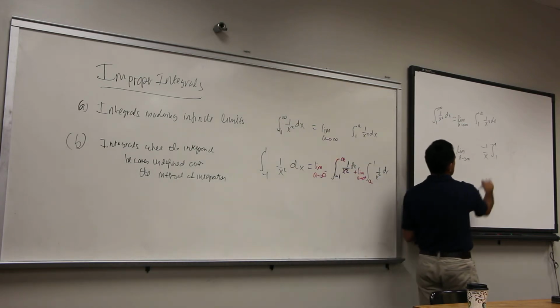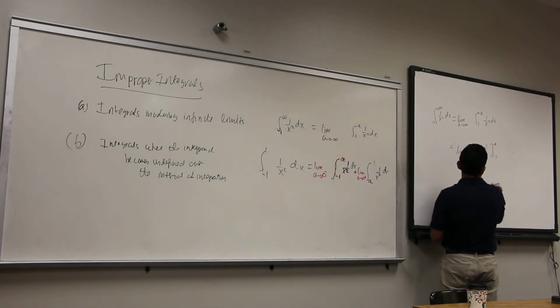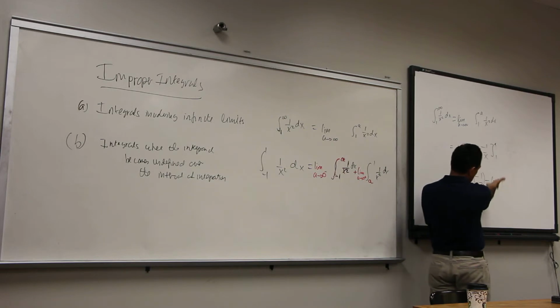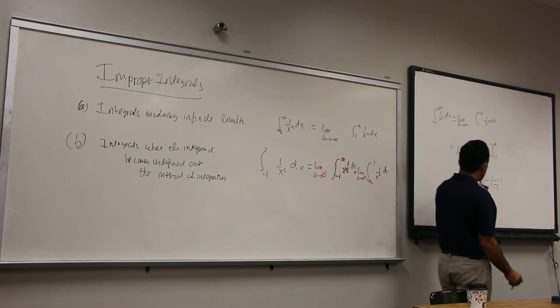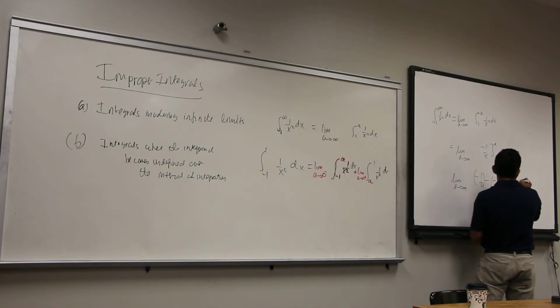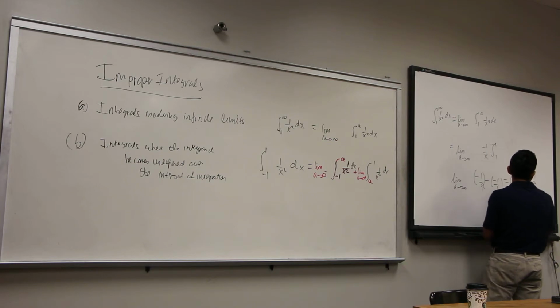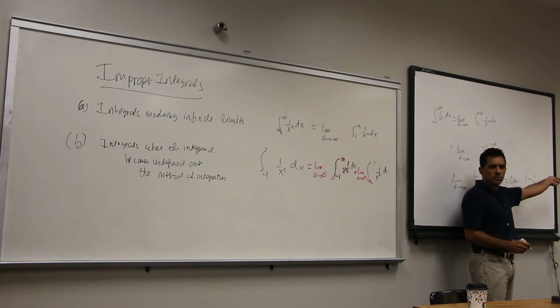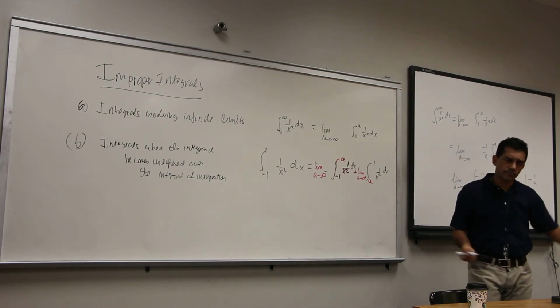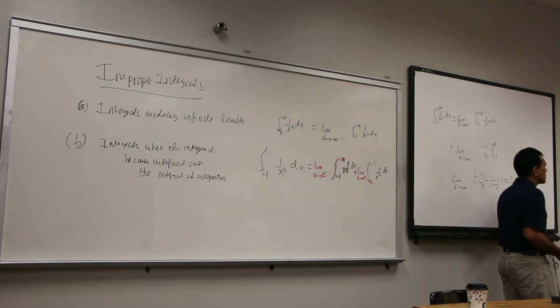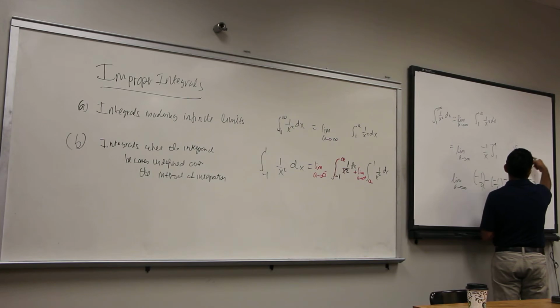And so you will say, well, this is -1 over a minus -1 over 1. And then on this function of a, you let a go to infinity. This is plus 1 minus 1 over a. And as a goes to infinity, 1 over a goes to 0.